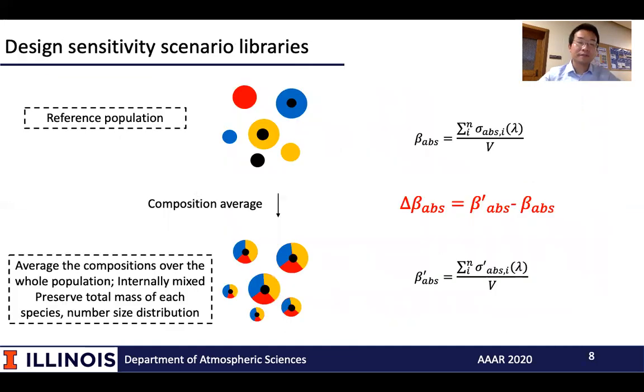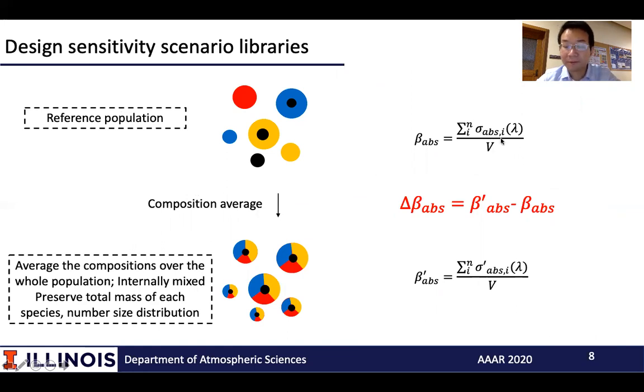In order to quantify the changes due to internal mixture, we take the dry particles from the reference population and do a composition average, and let all the particles be in the same mixture. We preserve the total mass of each species and also the number size distribution.